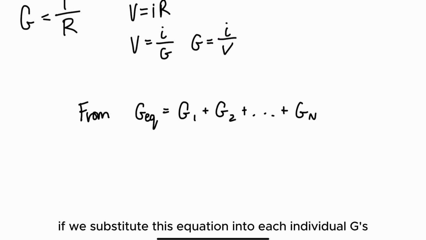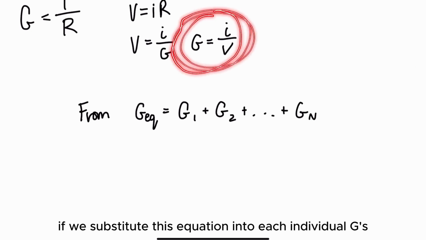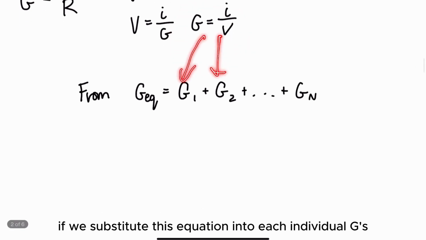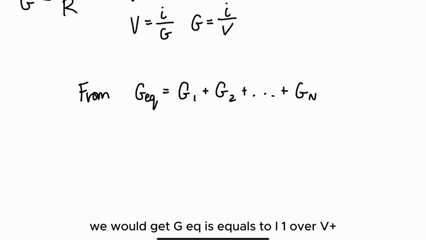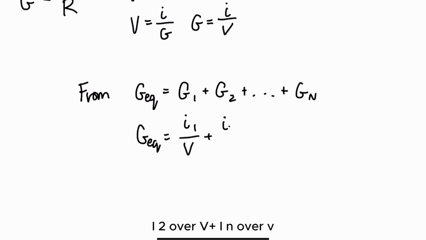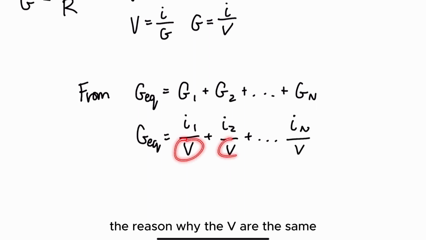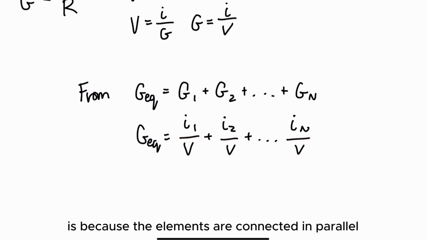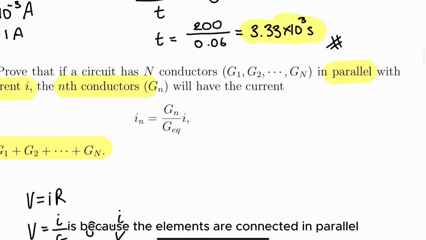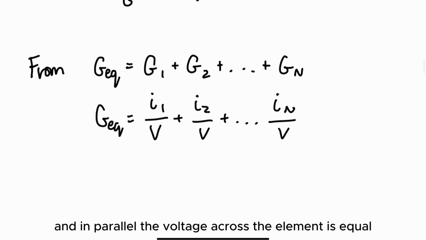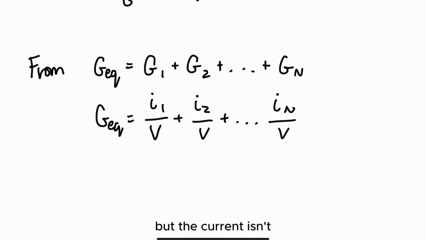If we substitute this equation into each individual G, we would get Geq is equal to I1 over V plus I2 over V plus In over V. The reason why the V are the same is because the elements are connected in parallel, and in parallel the voltage across the elements is equal, but the current isn't.